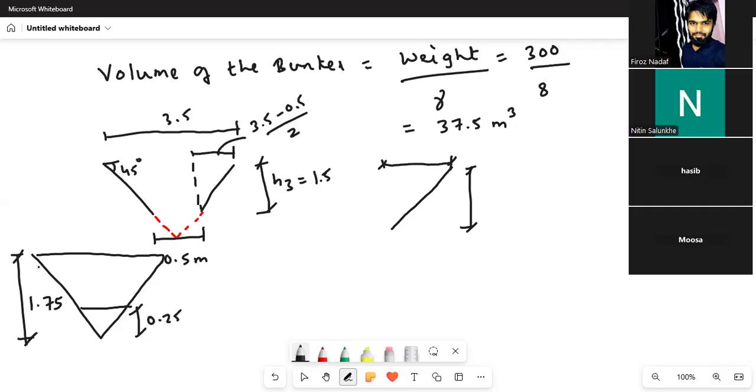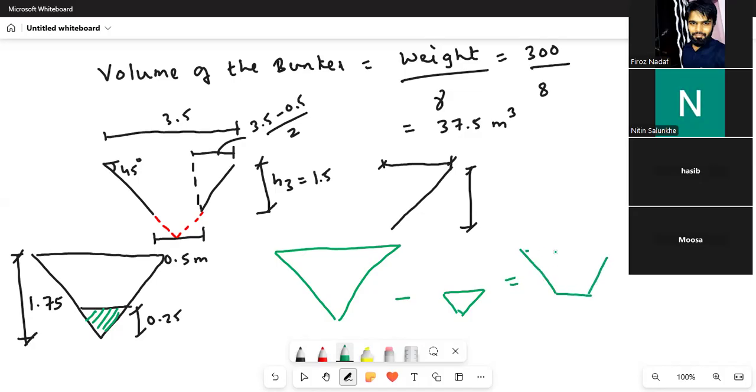So what I will do is find the total volume of this conical shape, and then find the volume of this small portion and subtract it. So what will you get? You will get the volume of the hopper bottom.